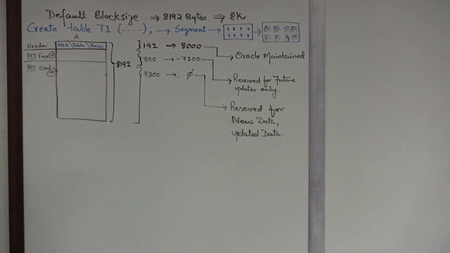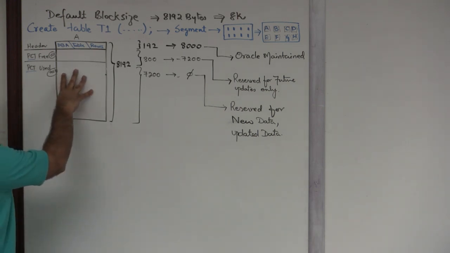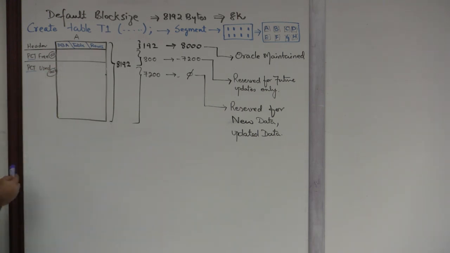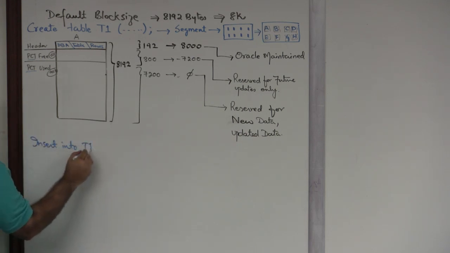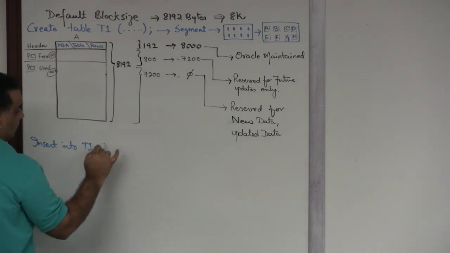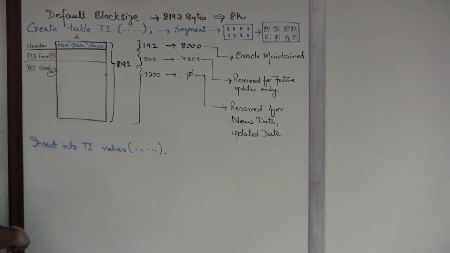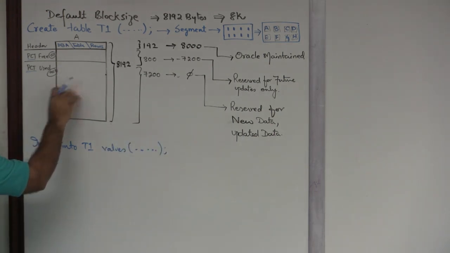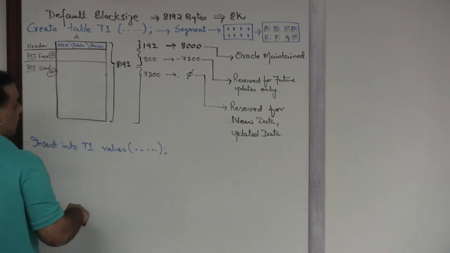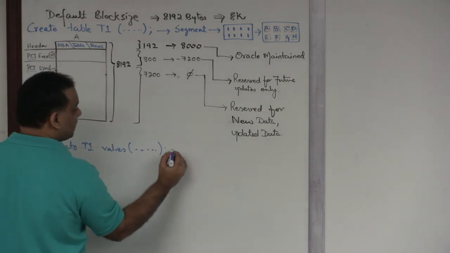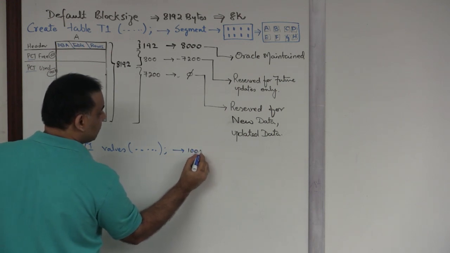So if I'm ever going to add a new row, then this is the part that is going to be utilized. For example, a user issued this command: insert into T1 values, and then whatever the values are. Now remember, 8000 bytes in here, right? Out of 8000 bytes, let's say that my first row is about 1000 bytes.